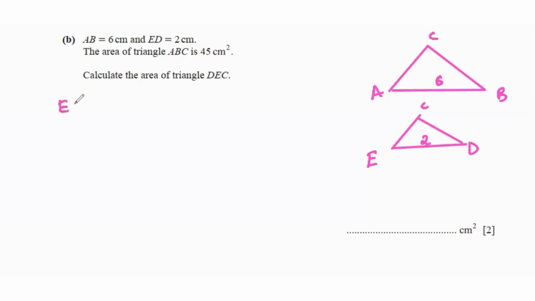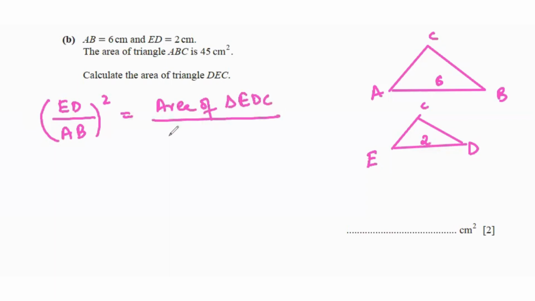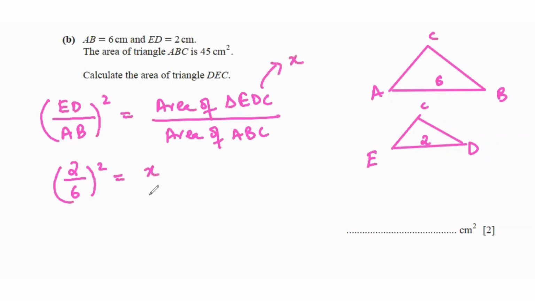So your ratio of ED over AB, squared, is going to equal the area of triangle EDC divided by the area of triangle ABC. So ED is given as 2 and AB is 6, squared equals X, I'm going to call this area X over here, over 45.